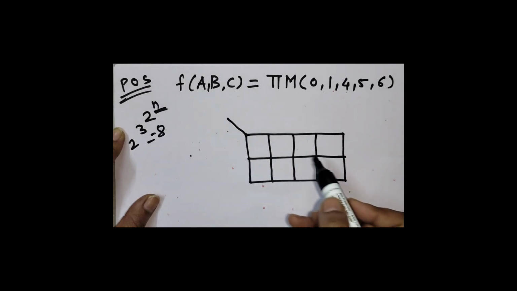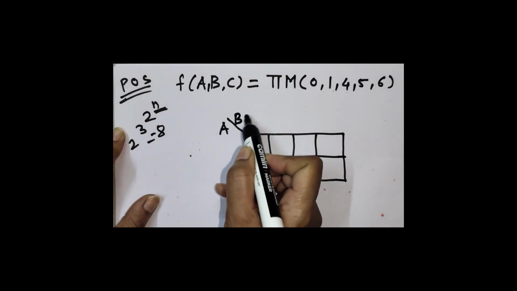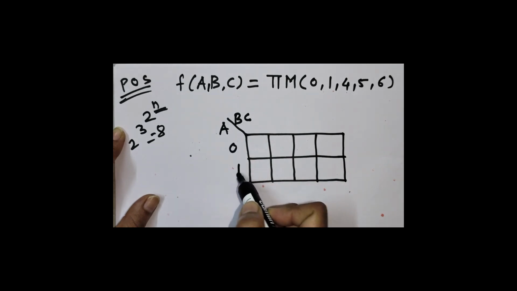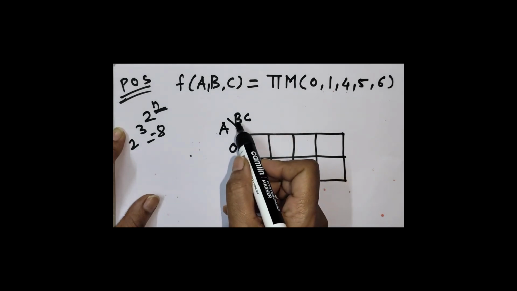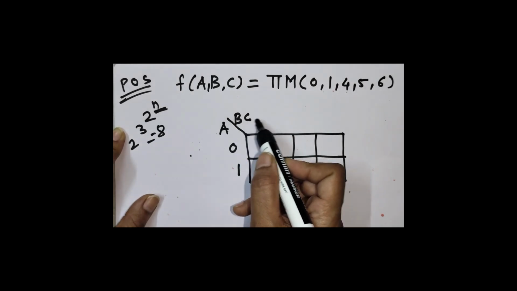So here cells are 8. I'll write MSB first, A, B, C. Value of A can be 0 or 1, whereas value of BC can be 0 0, 0 1, 1 0, 1 1.